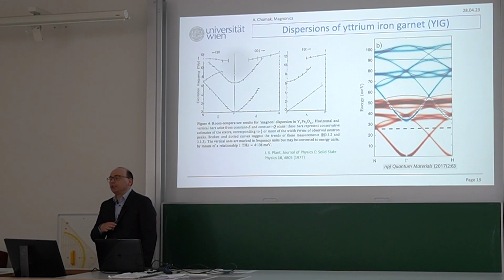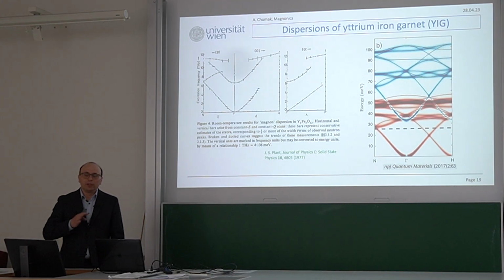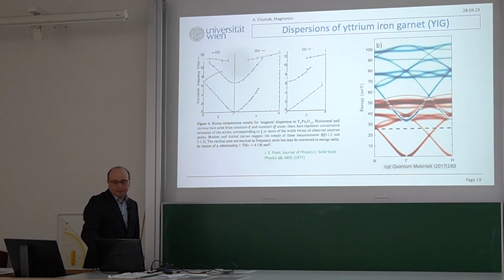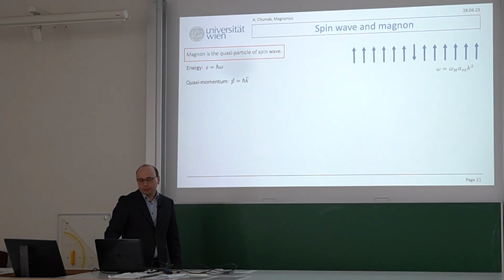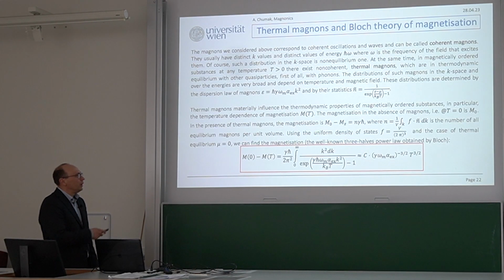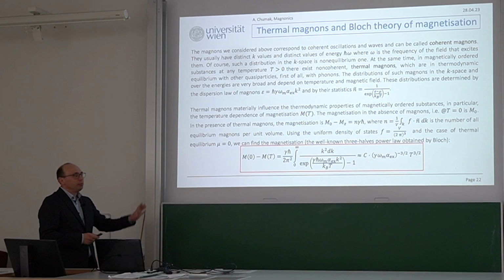Therefore, there is a deviation from the T to the 3 over 2 law in experimental measurements of saturation magnetization for YIG. So there are other mechanisms why there might be a disagreement between this law and this formula. But for some other materials, it works perfectly.